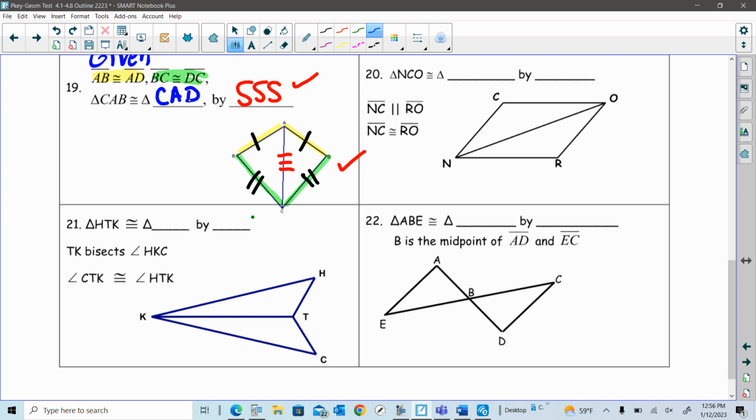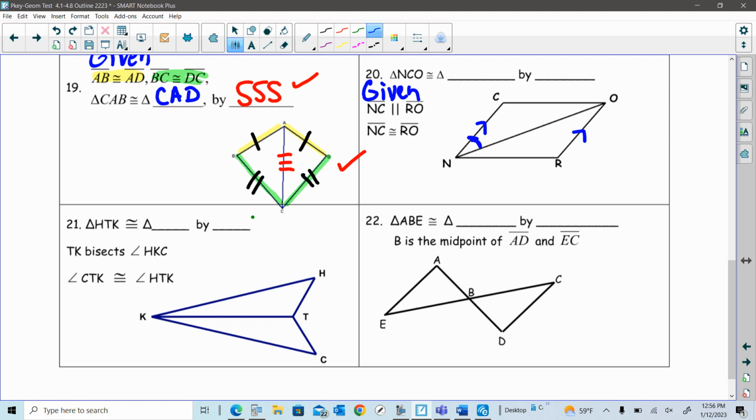So on 20, here is the given. NC parallel to RO. Arrow and an arrow to show parallel. If you have parallel, then you mark also what? Alternate interior. So my alternate interior, my parallel goes to the transversal. That would be the shared side.